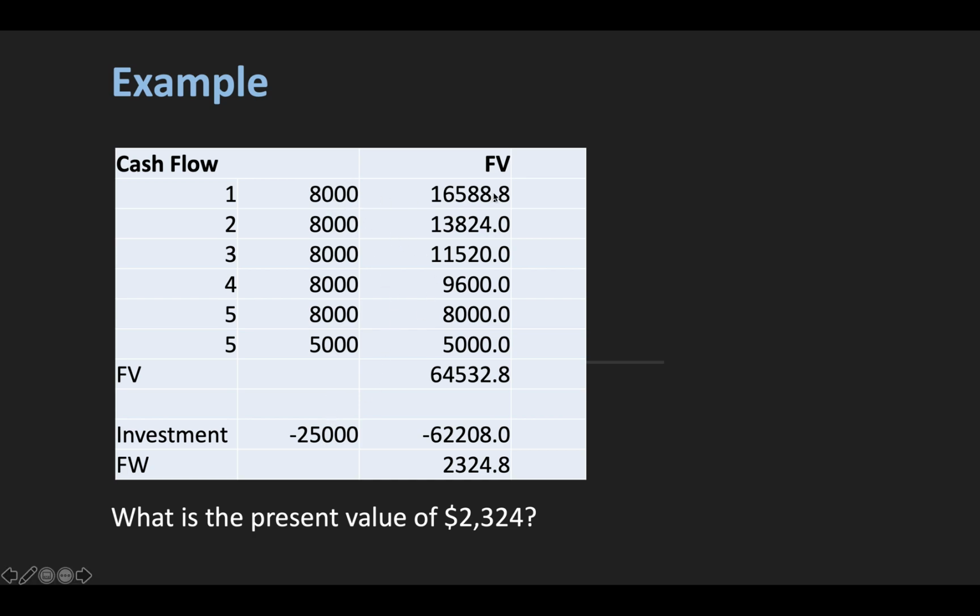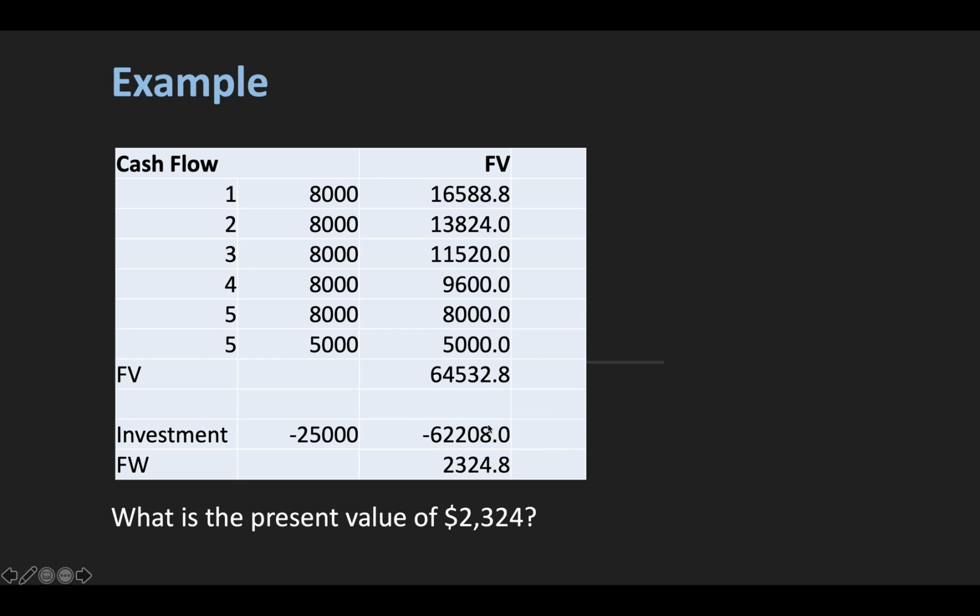I convert each row into its future value and add them all together. The future value from the revenue will be $64,532.8. The investment will be negative $62,208. So this one is bigger than this one.